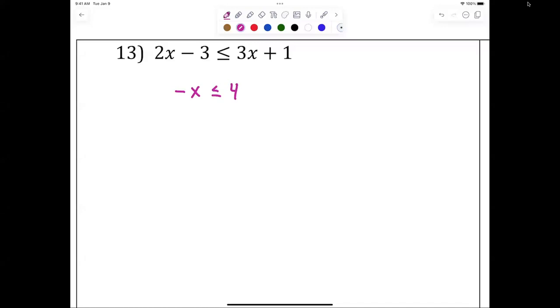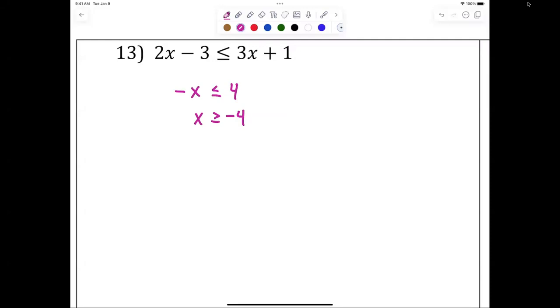That's how easy that should be for you. Now, I have a negative x, so what do I do with the signs? Change all signs. And when I change all signs, x is greater than or equal to negative 4.